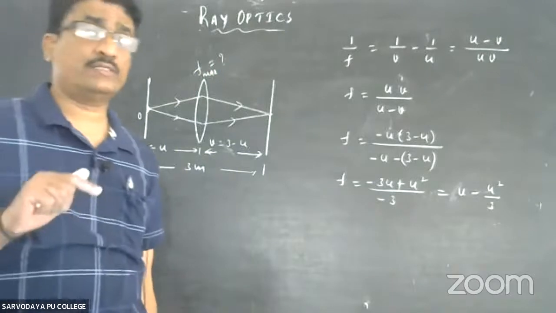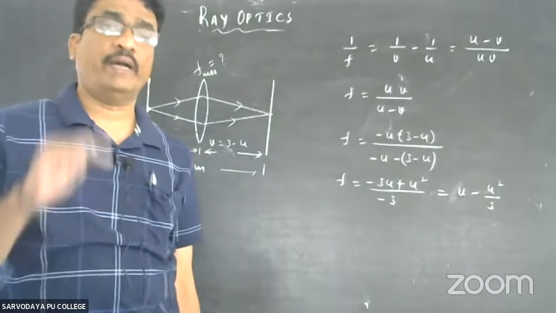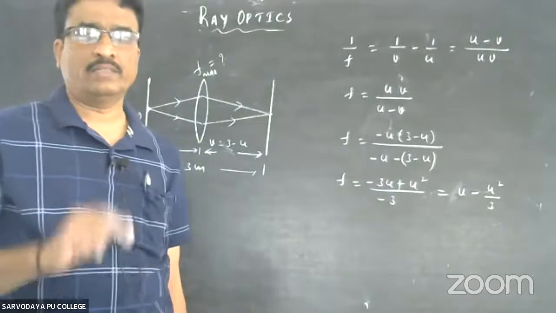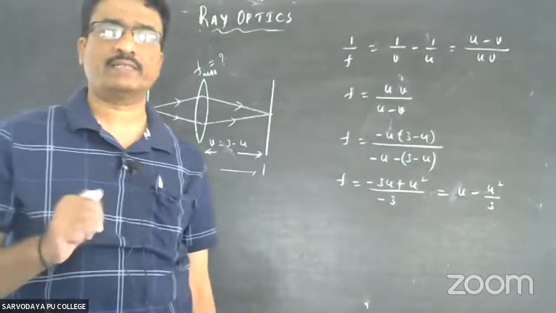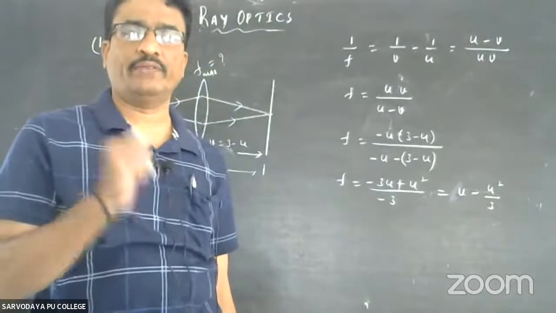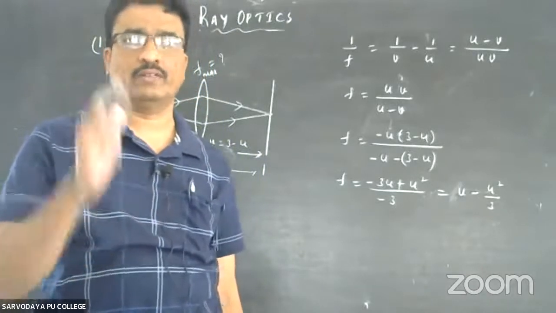What have we actually been asked to calculate? Maximum focal length. This idea has been given in mathematics: whenever the quantity is maxima or minima, the differentiation of it will be 0.